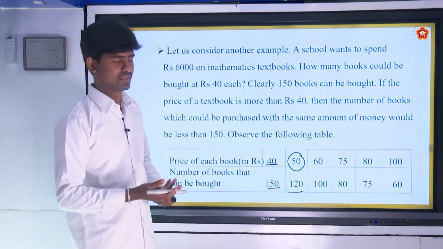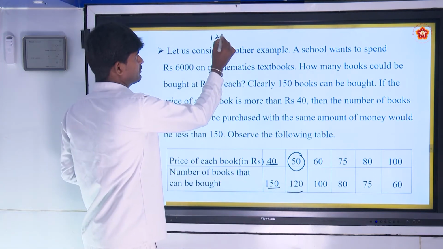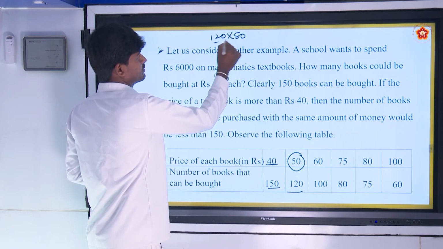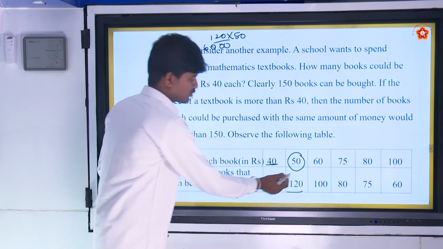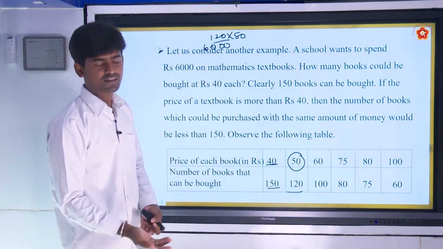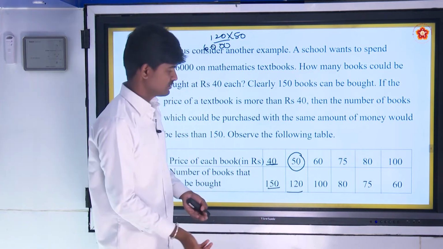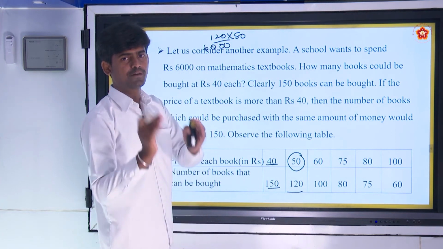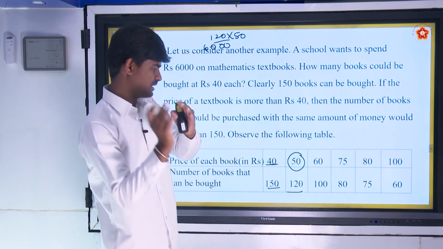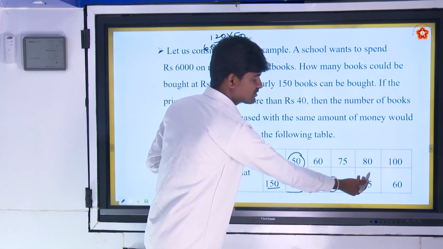How? 120 into 50 is 6,000. So the product x into y will be a constant. For 60 into 100, again 6,000. The fund remains the same.